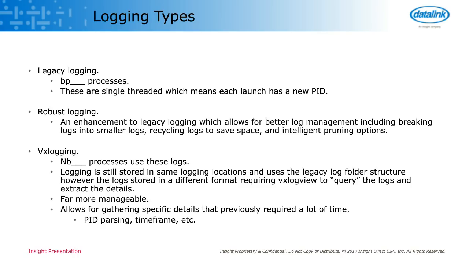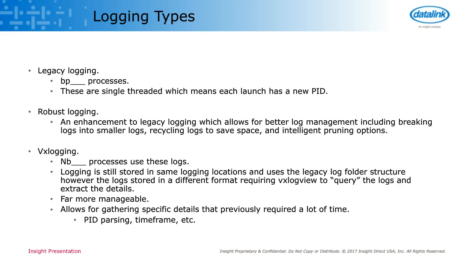The robust logging is an enhancement to this because it allows you to control the log size. With legacy logs, you can control the verbosity of those logs, and it varies based on which component you're logging, whether you're logging network traffic or the process itself or all of it. These logs can get very large, and there's no mechanism to prune those logs.